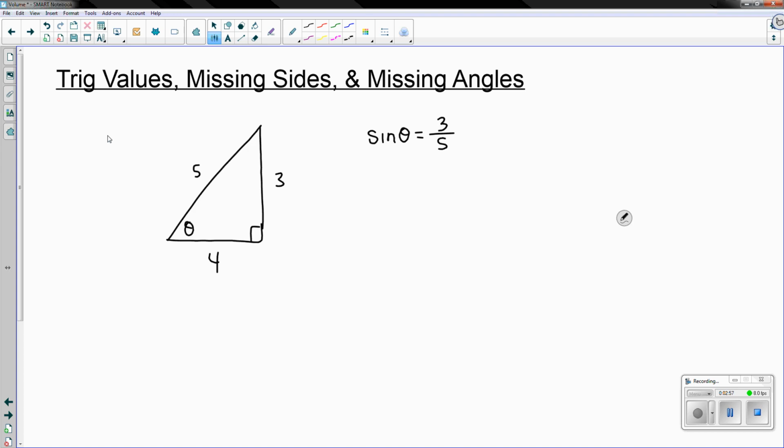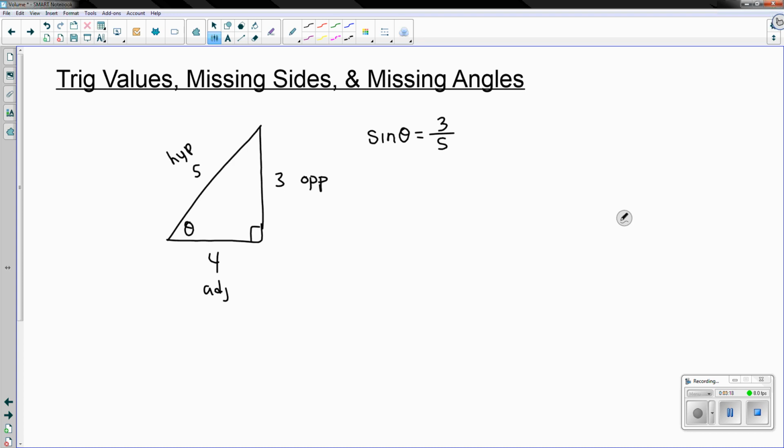Recall that when we refer to opposite, adjacent, hypotenuse, that's all in reference to a specific angle. So the opposite is the leg directly across from theta. The adjacent is the leg that is next to theta. And then hypotenuse is the longest side.